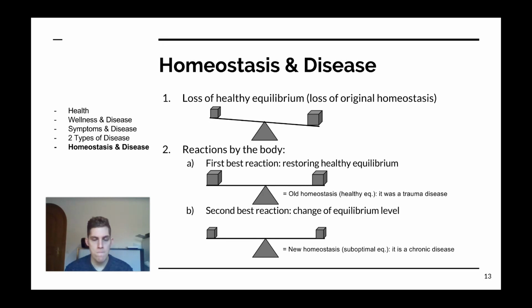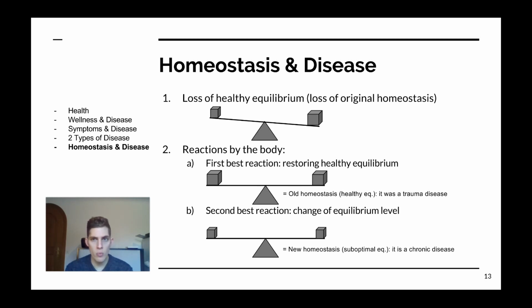So we saw that the system was composed of two weights, 1 kilogram on the left and 1 kilogram on the right. This is our default state of equilibrium. Now, what happens when one of the influencing forces becomes too strong or too weak, and the body and the system cannot compensate?